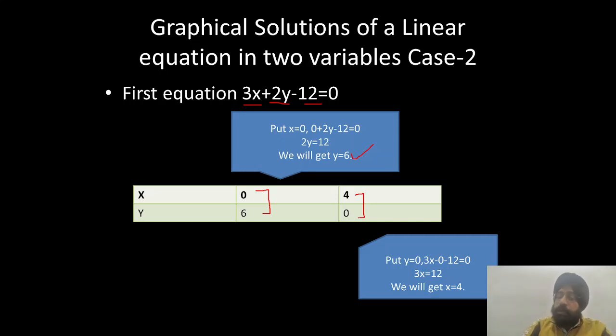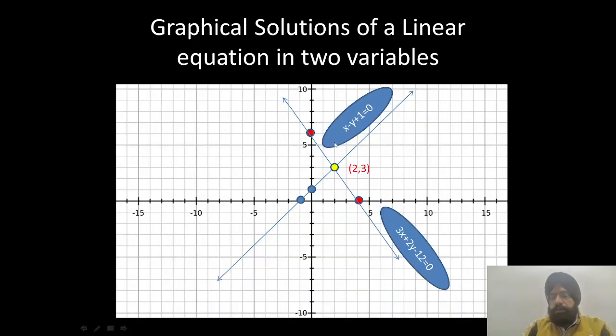Now again I need to plot both these points on the same graph. Now see it carefully. Here this line is going to represent my second equation. My first point was 4 comma 0. X-axis was going to be 4 and y-axis is going to be 0.